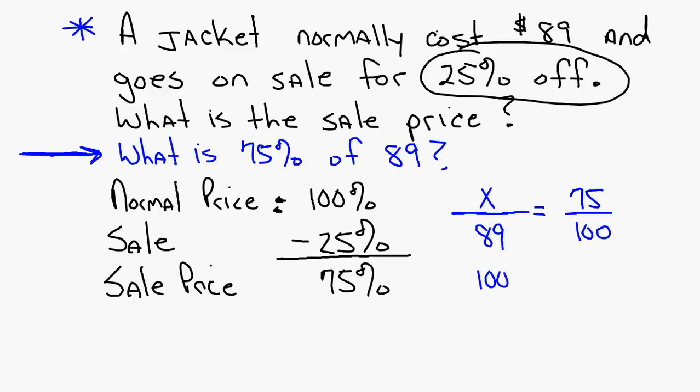So 100x equals 89 times 75. 6675. And then if you divide both sides by 100, then X, or the sale price, is going to be equal to $66.75.